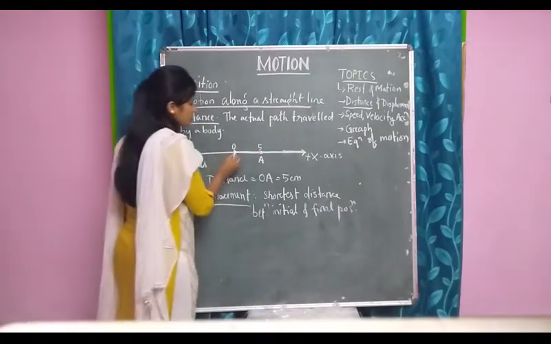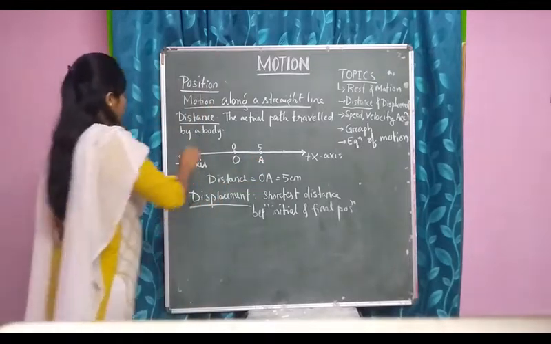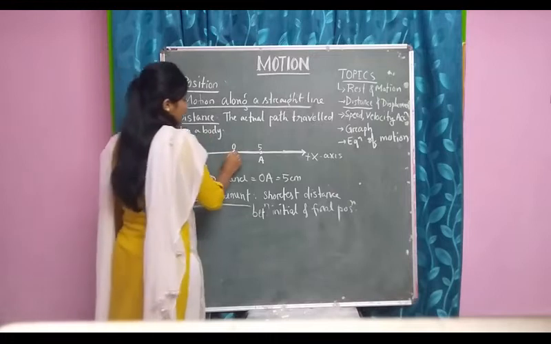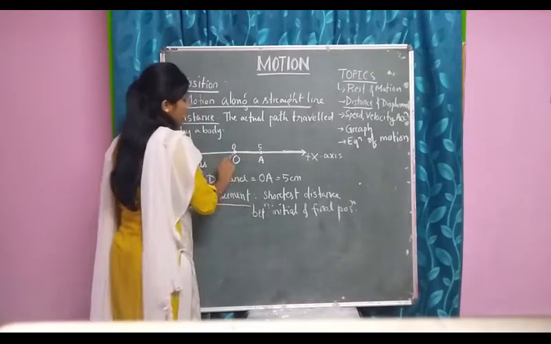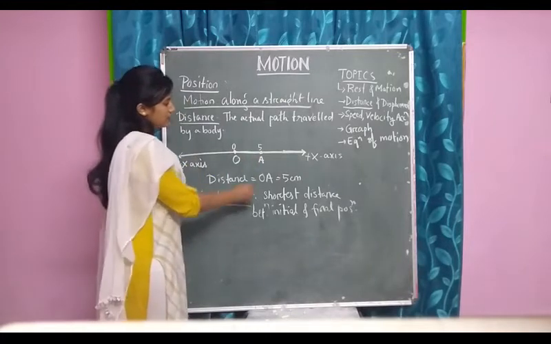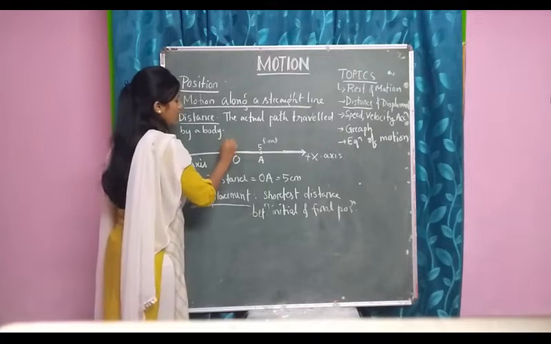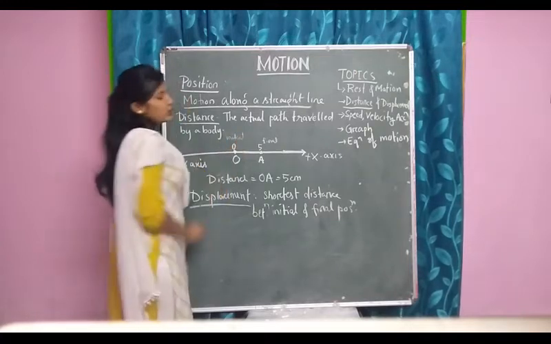So suppose this is OA, its distance. For a linear motion, if you want to calculate the displacement, this is the final position and this is the initial position.